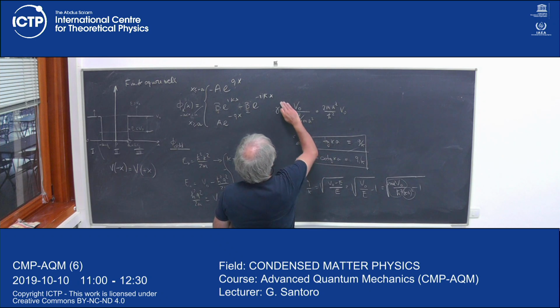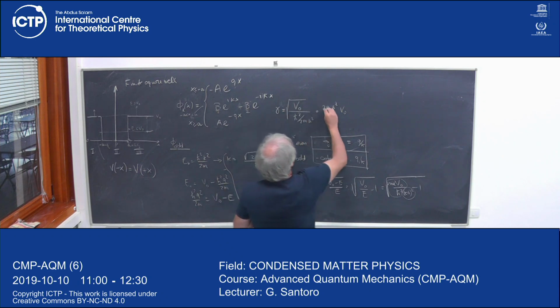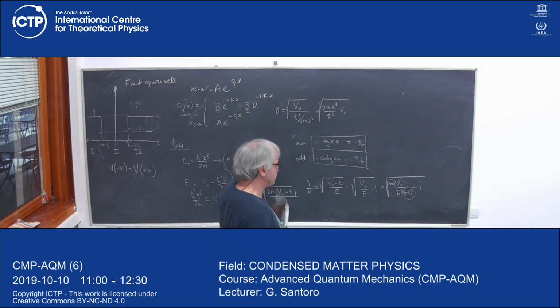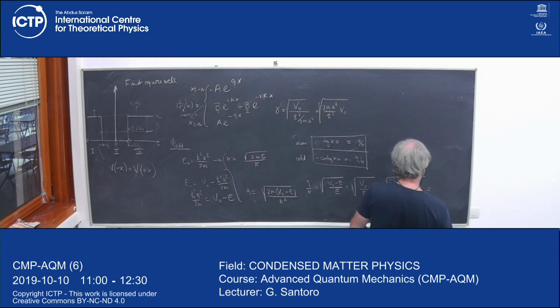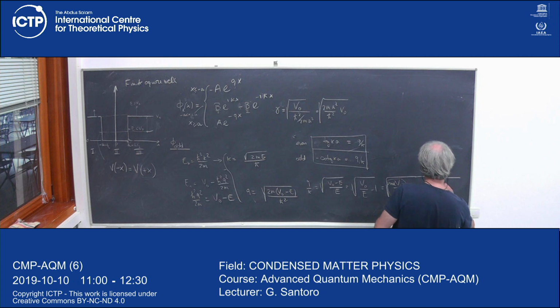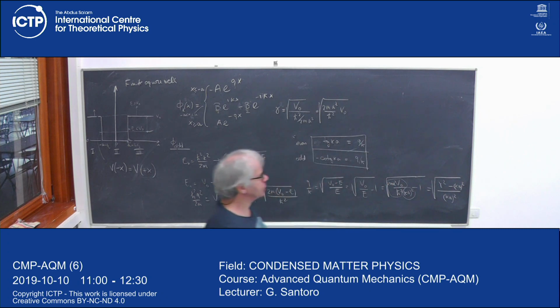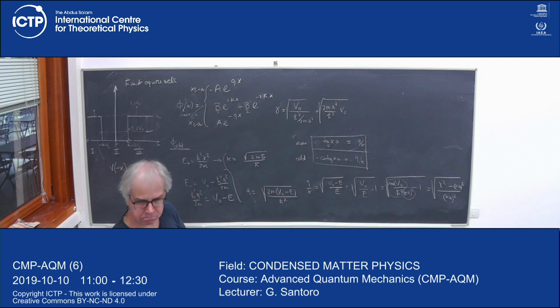Good. Obviously you can also rewrite like this. So this can be written as square root of gamma square divided by Ka square, and now rather than minus 1, I put just the same denominator.